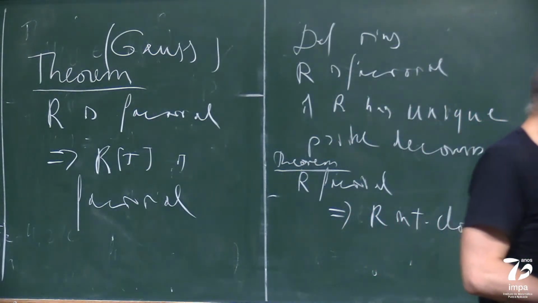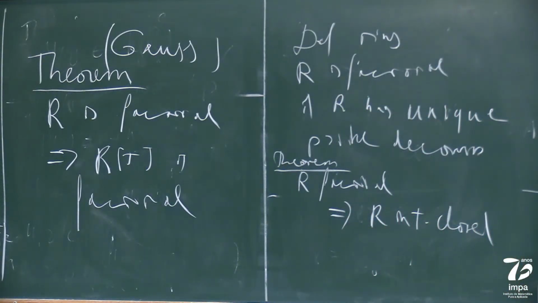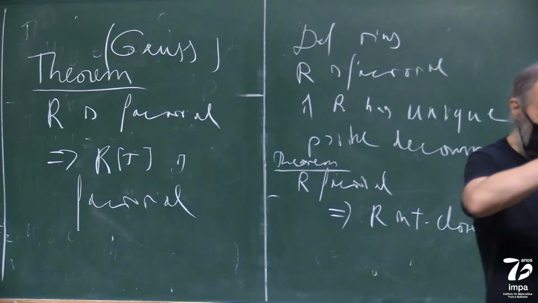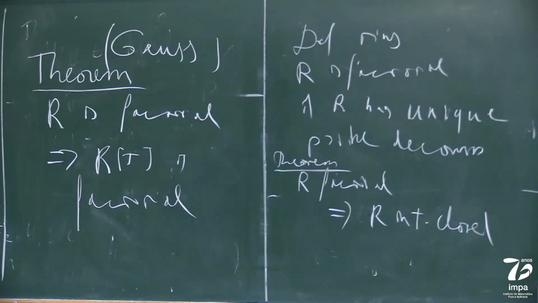When he was a student, he discovered that if you have a Fermat prime, a prime of the form 2^n plus 1, you can take a regular polygon with this number of vertices and draw it with compass and ruler on a plane. So it was like a classical Euclidean geometry problem.